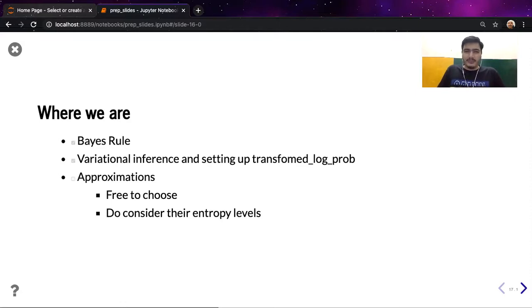We can use the normal distribution because ideally it has higher entropy levels and can get us to maximize that particular ELBO term better. So we're going to make use of normal distributions as approximating distributions for the parameters of the model.